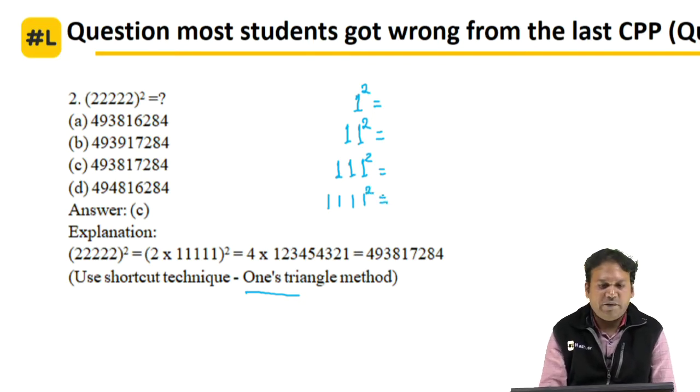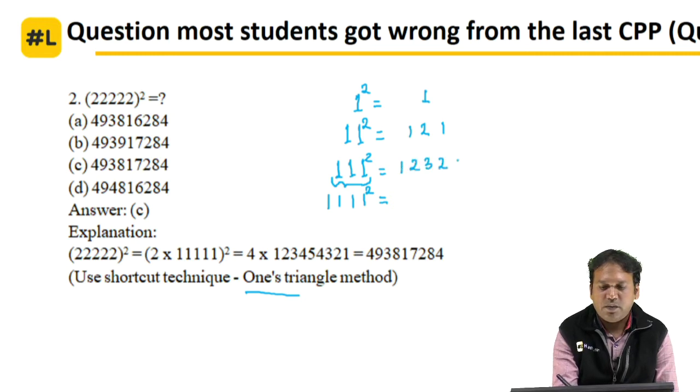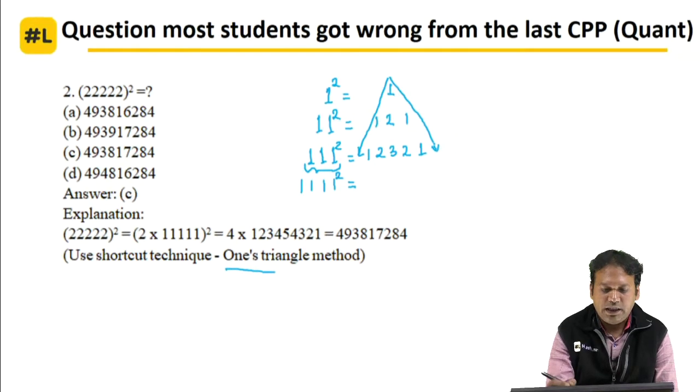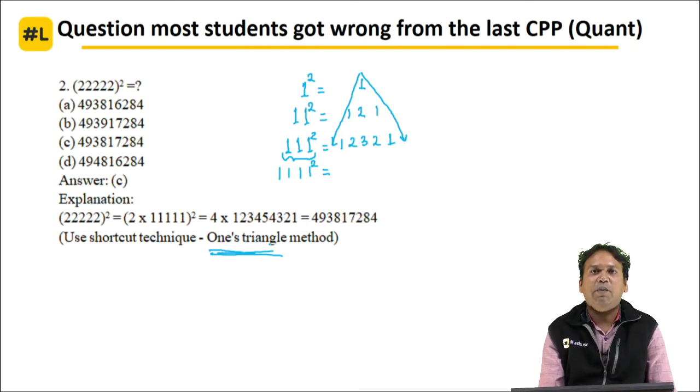If you find these squares, you see how it will be symmetrical. 1 square is 1, 11 square is 121. Here we have 3 ones, so we will say 1, 2, 3, 2, 1. You can see the symmetry here, how it is going in the form of a triangle. That is why we say it is the ones triangle method, the symmetrical property of number 1.